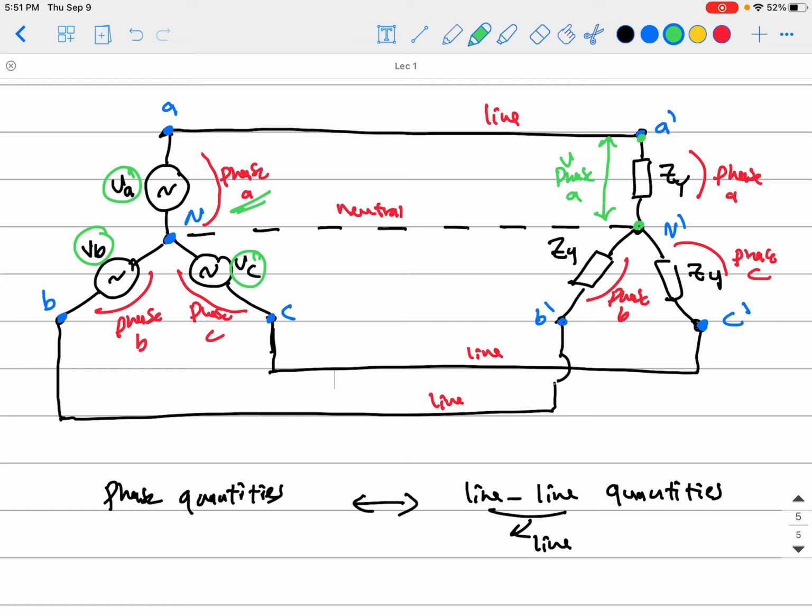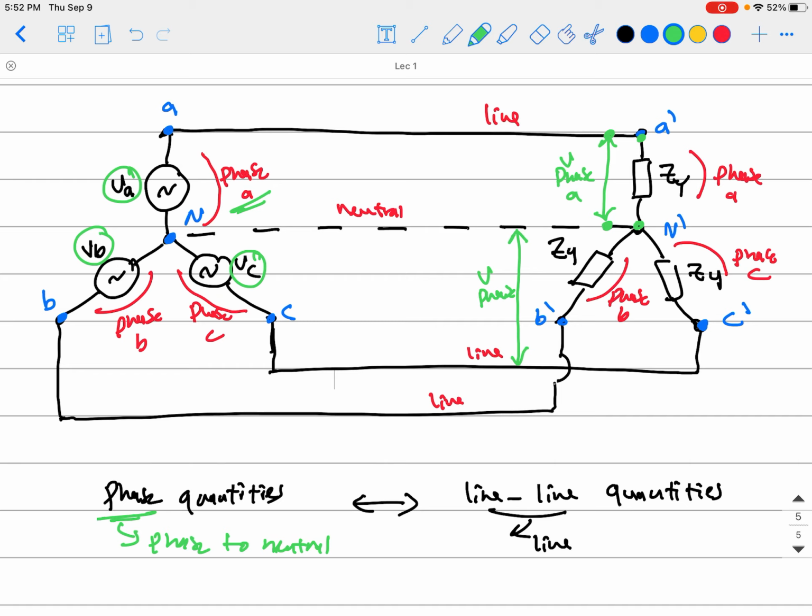So these phase quantities, we call them the phase to neutral values, because like you see, you are just measuring from a line to neutral. It will be the same thing with everything. So that is V phase B, no, that's C, I'm sorry, confused here.